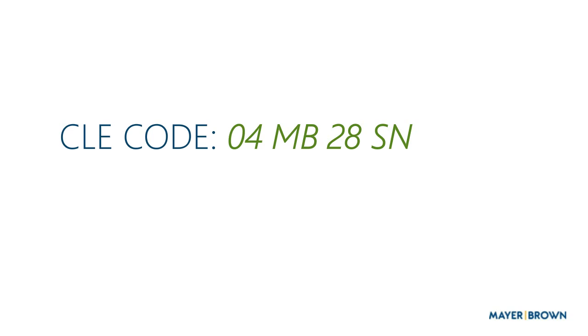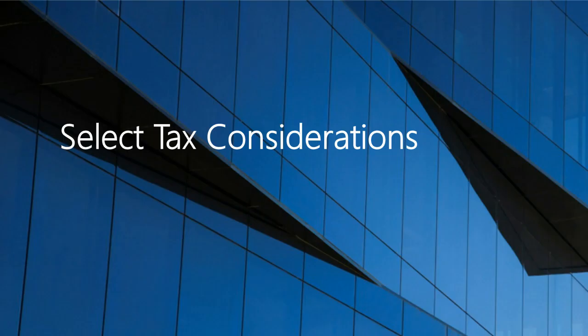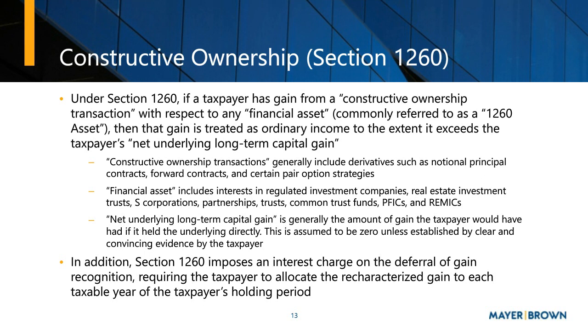Okay, so let's take a look at a few of the select issues that are relevant for structured notes. First one we'll touch on is the constructive ownership provision, which is Section 1260. So that's Internal Revenue Code Section 1260. Essentially, what that section is getting at is it's preventing a conversion of an economic return that is not capital gain, or would not otherwise be capital gain, into capital gain.